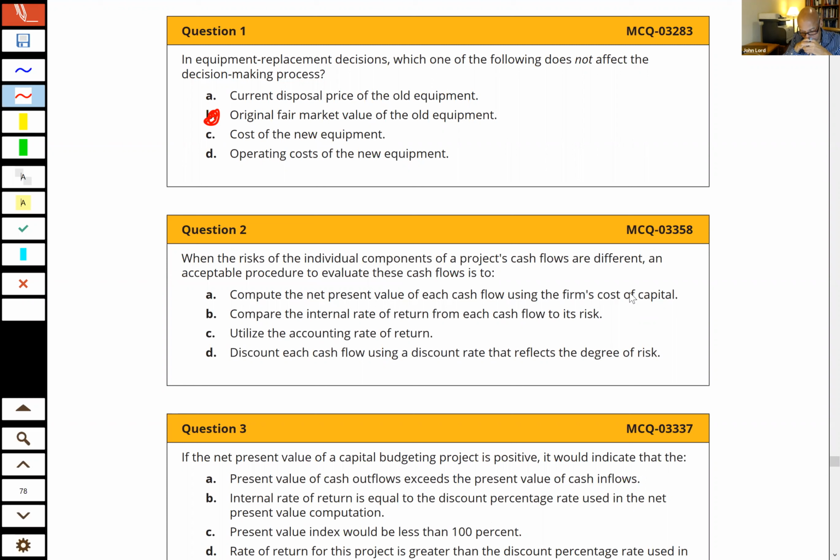Something going on, guys? I'm only seeing about 60% of us participating here. Okay, good. Let's go ahead and end the poll and take a look at this one.